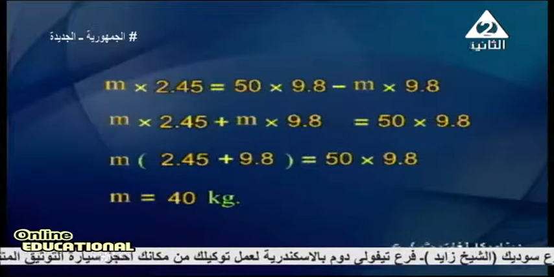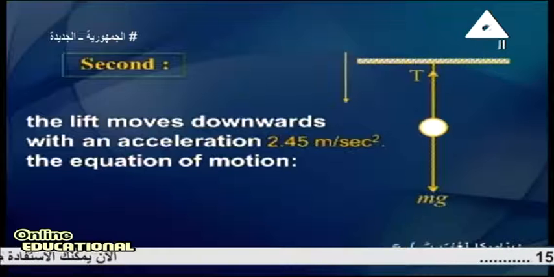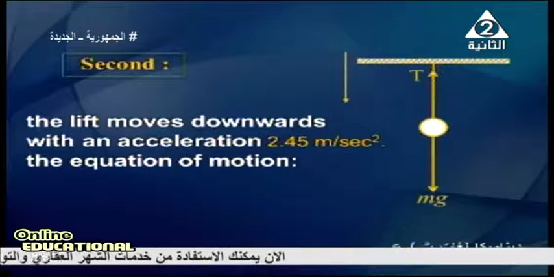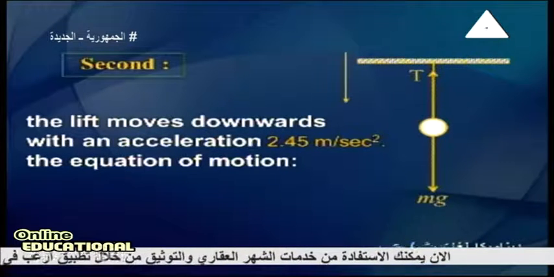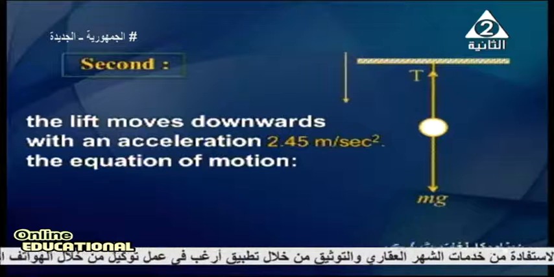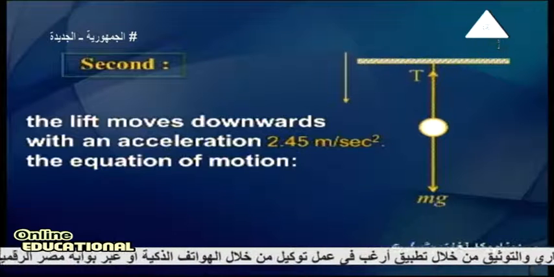Now the second required. The lift moves downwards and the acceleration equals 2.45 meter per second square, the same acceleration. What is the equation of motion?